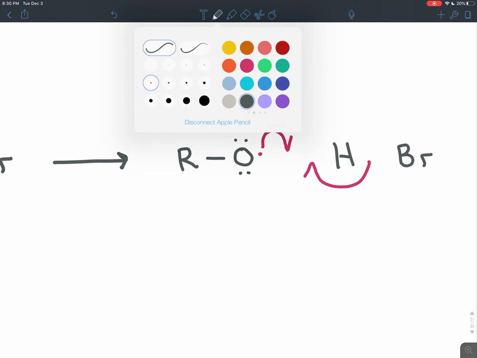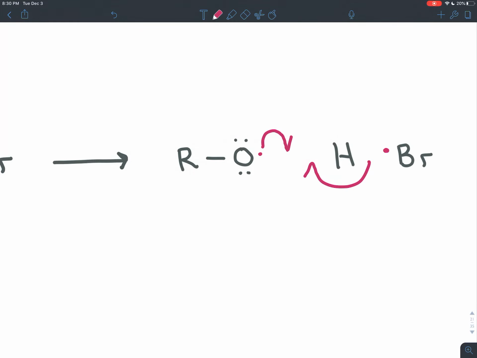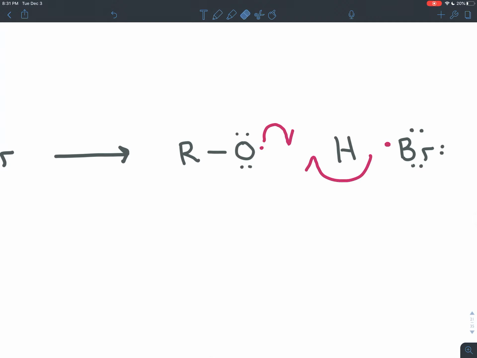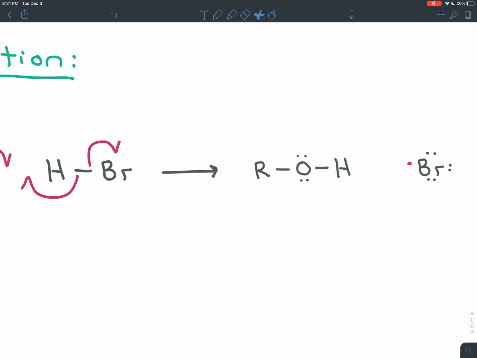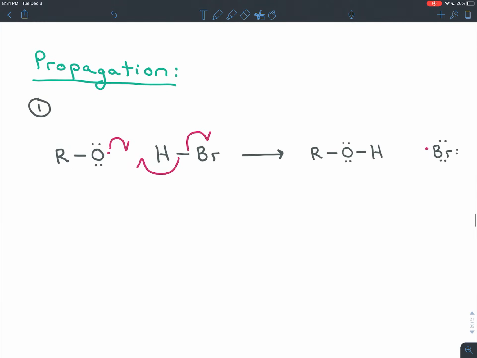One of the electrons goes onto the bromine, and the bromine has three other lone pairs. The other electron goes to form a bond to the oxygen. So you now have a full bond between the oxygen and the hydrogen. In that propagation step, we turned one of the oxygen radicals into a bromine radical.